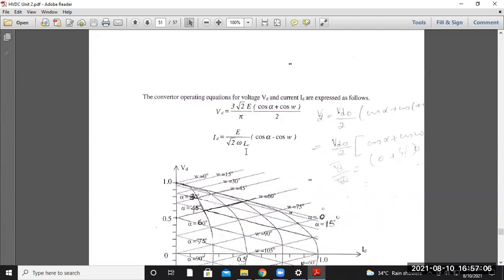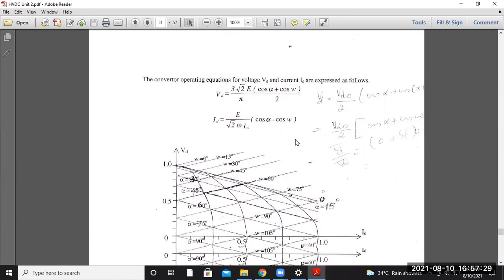In a similar manner, the value of the current ID is given by this equation, where E equal to root 2 omega LC. LC is the inductance of the smoothing inductor, and ID is given by E upon root 2 omega LC times cos alpha minus cos omega.